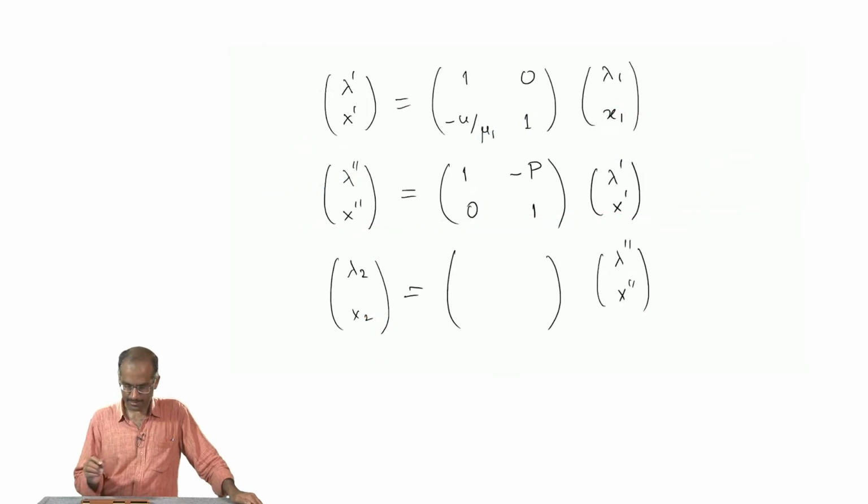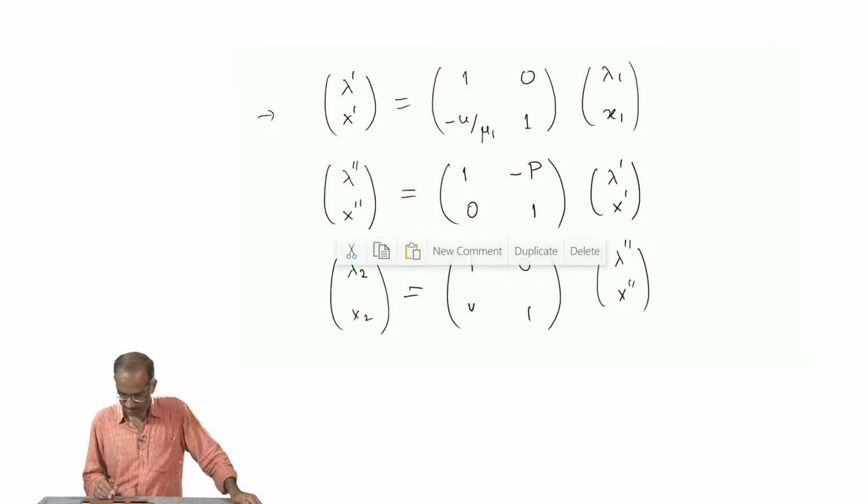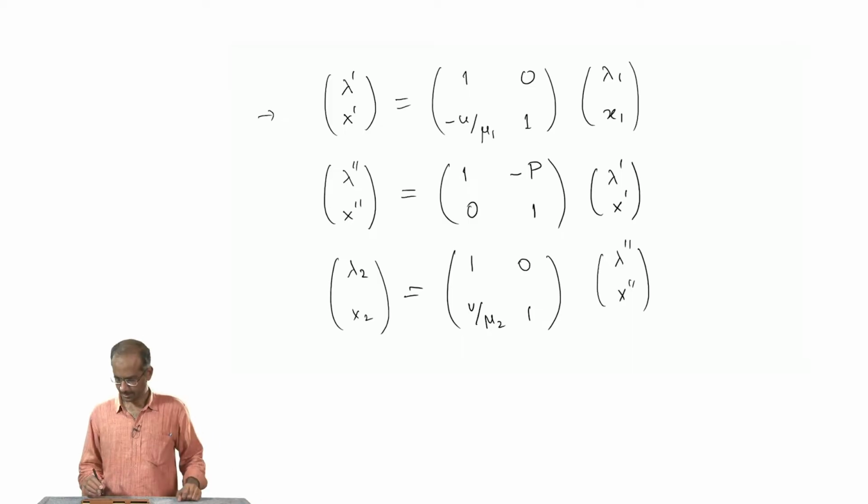Since it is a translation, it will look like the first matrix that I have here, it will be 1, 1, 0. Now, it is happening in a medium whose refractive index is mu 2. So, that will be V by mu 2.